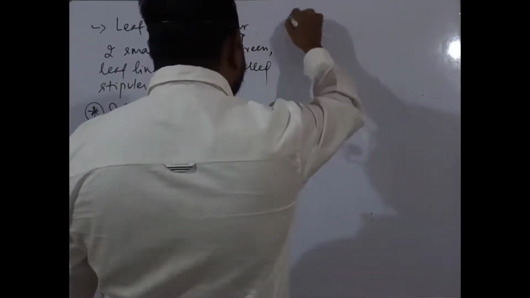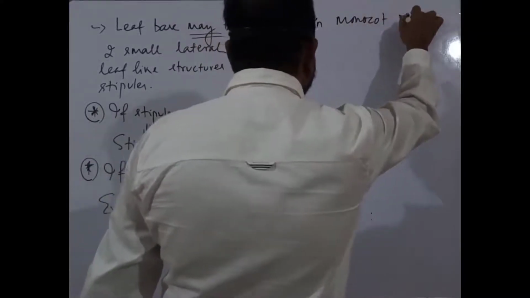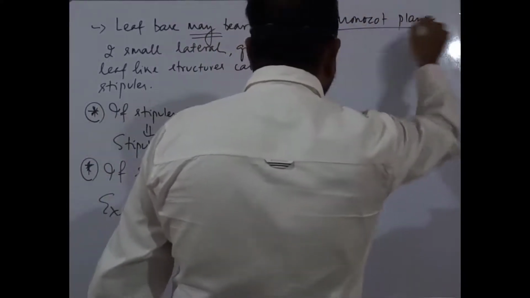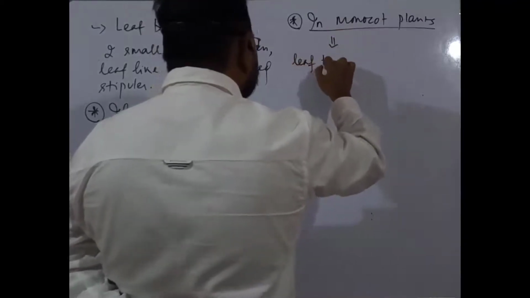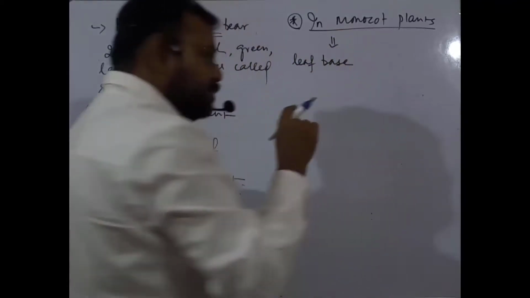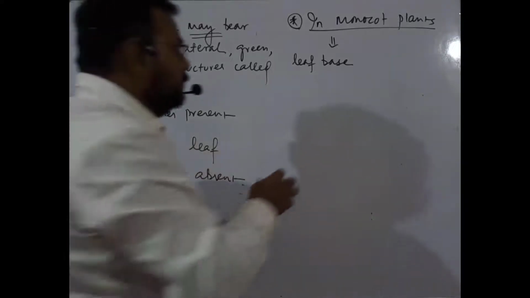So एक important point है, in monocot plants leaf base is expanded a little. Leaf base थोड़ा सा expand हुआ है और एक sheath like covering किया है. Leaf base expands into a sheath and cover the stem partially or fully.